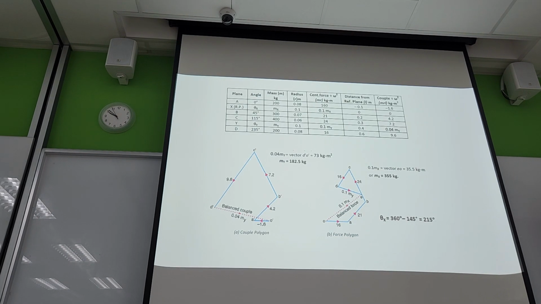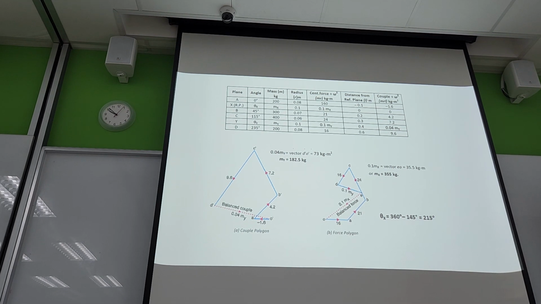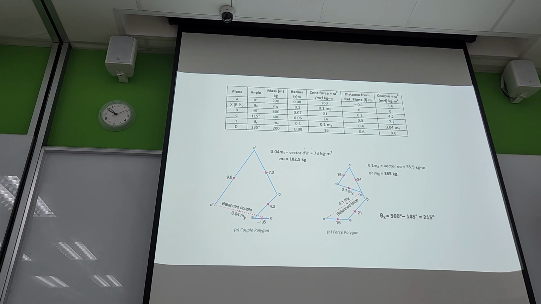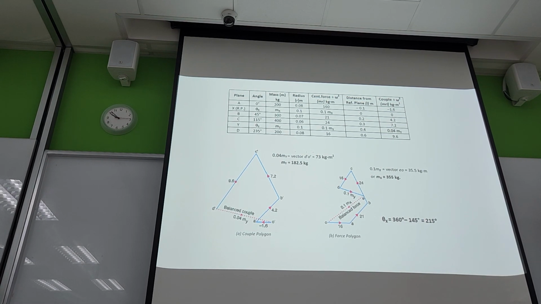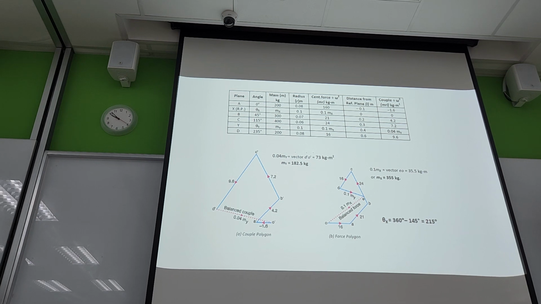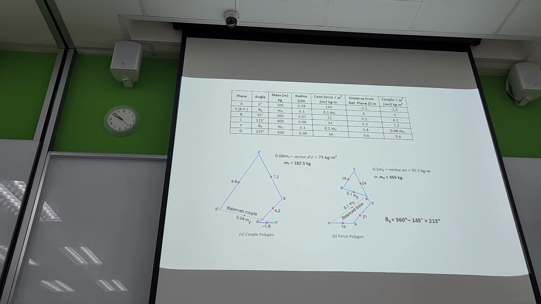Previous one: the My, how did we get it? You calculate it from the MR polygon. You see this polygon first, that's what I have done here. Once you do this, you stop here, and you just complete this. Now you measure whatever is the distance from your drawing and multiply by the scale factor. That gives you 0.04 into My, as you can see from the dotted line here.